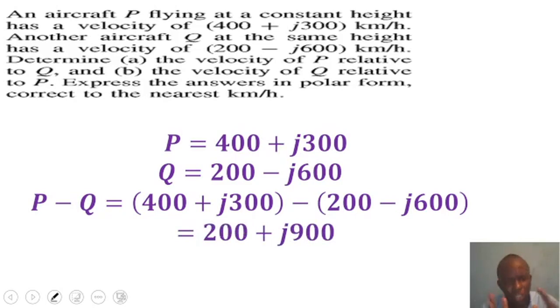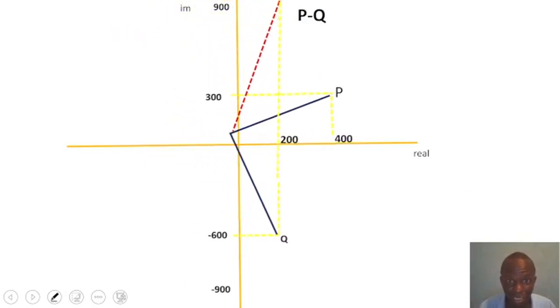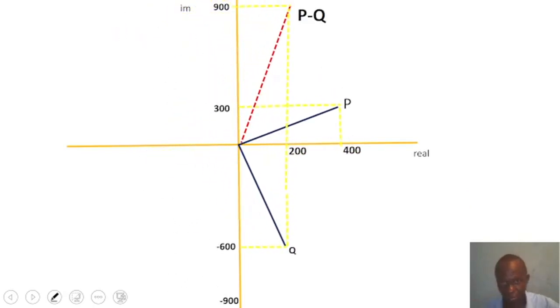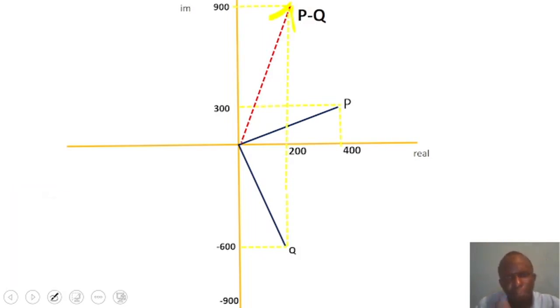Now, because this is a practical problem, we have to visualize. Let us look at it when it is represented in the Argand diagram. Now, this is the resultant direction, as a result of the relative speed or relative velocity.